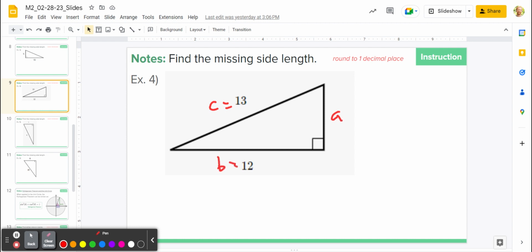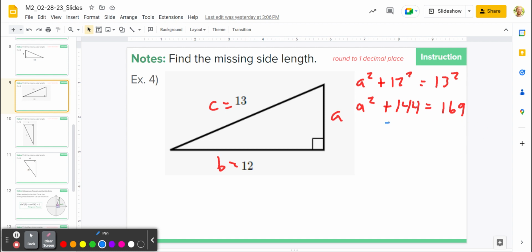So if we set this up, we have a squared plus 12 squared equals 13 squared. We can simplify that. We have a squared plus 144 equals 169. And here's where we need to make a modification. We want to get a all by itself, and 144 is being added to each side.